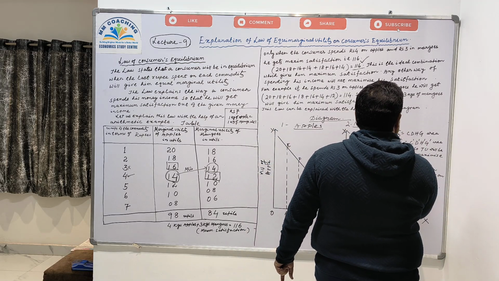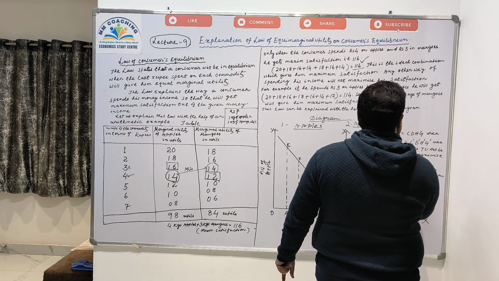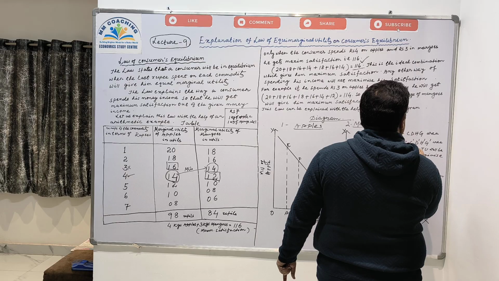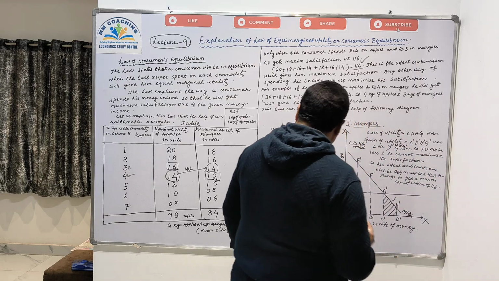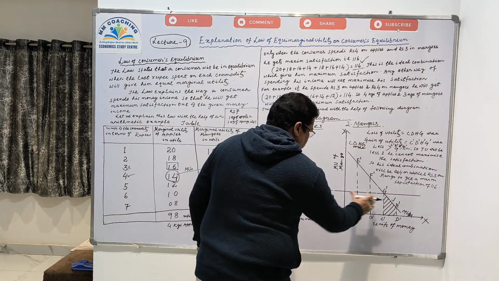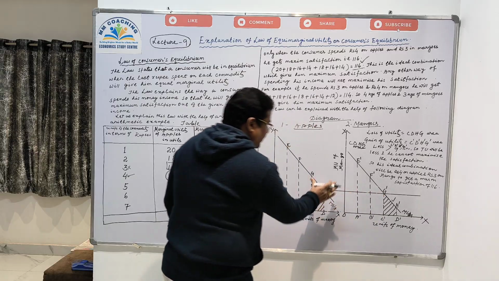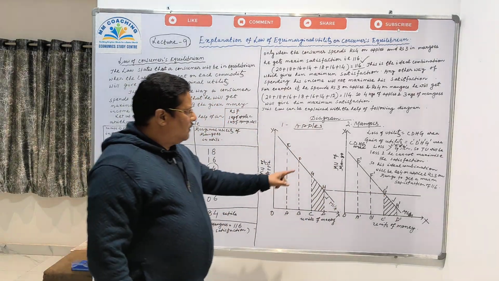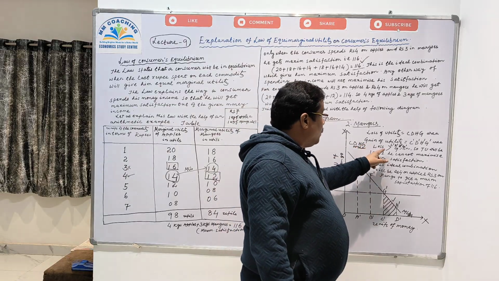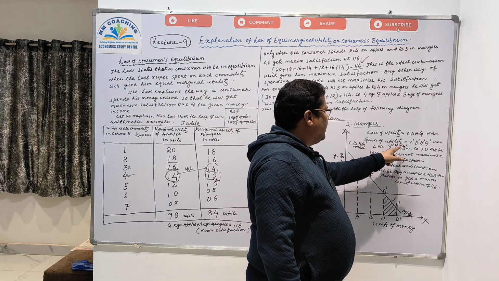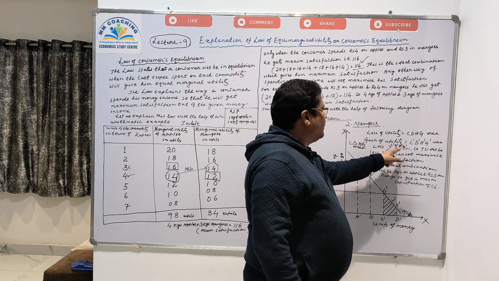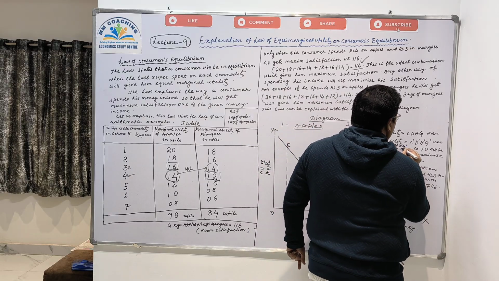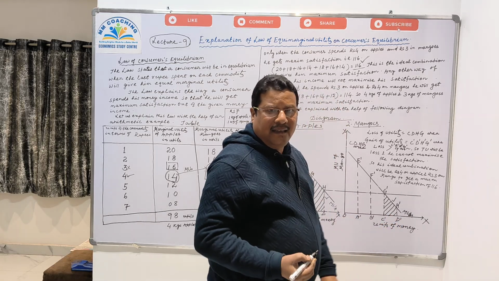Gain is how much? C1, D1, H1 and G1. So in the diagram, it is crystal clear that his loss of utility is greater than gain of utility. So what will happen to the total utility?